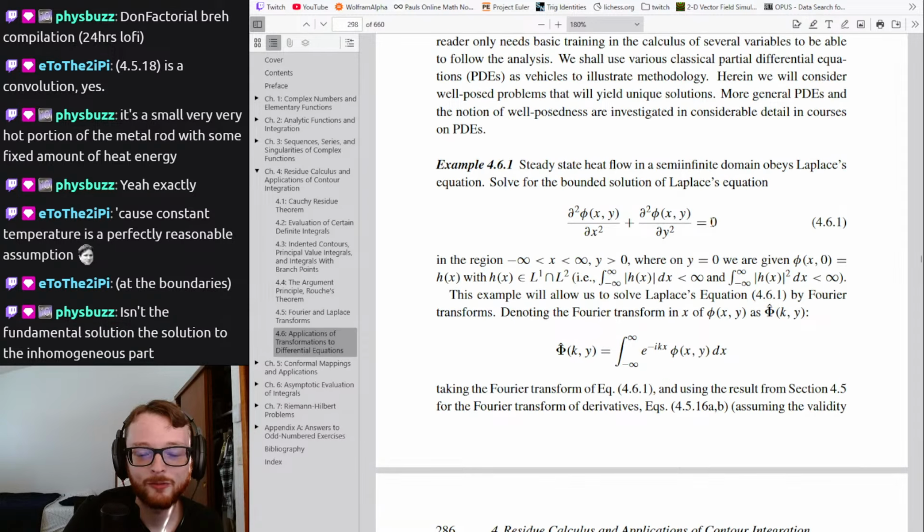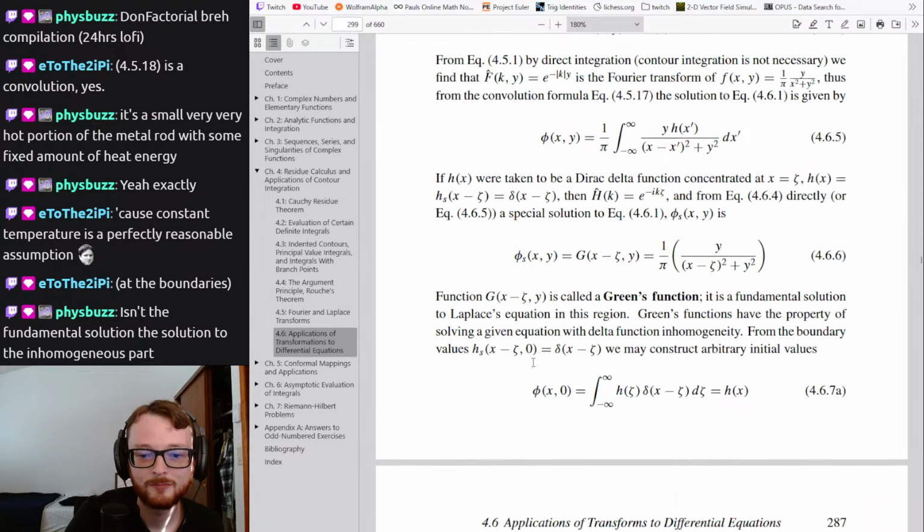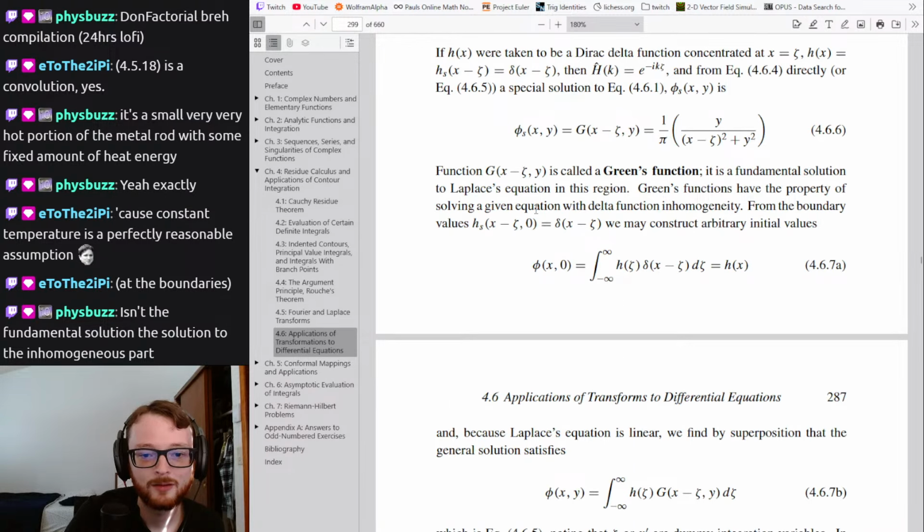Like, would we replace 0 with some random function of x and or y? But this was a homogeneous equation that... Delta function inhomogeneity. Yeah, I don't actually know what that means here.